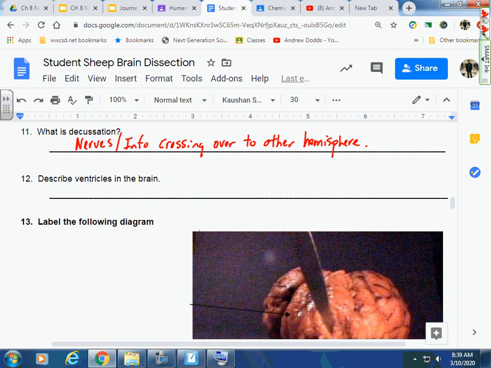Ventricles are cavities or openings in the brain. They contain cerebrospinal fluid, CSF.